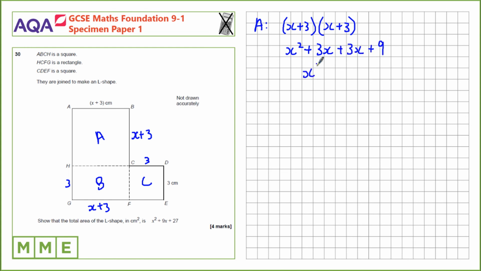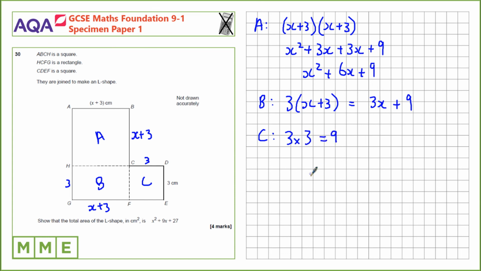So from A we have x squared plus 6x plus 9. From B, we have 3 multiplied by the other side, x plus 3. We just need to expand this normally. 3 times x is 3x, and 3 times 3 is 9. For shape C, we simply have 3 times 3, which is 9.